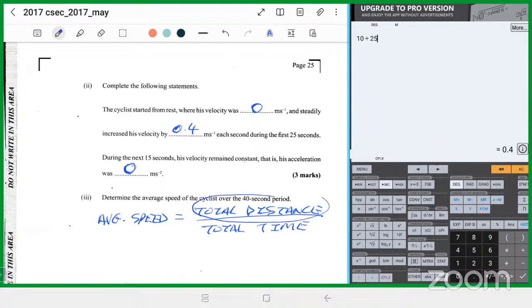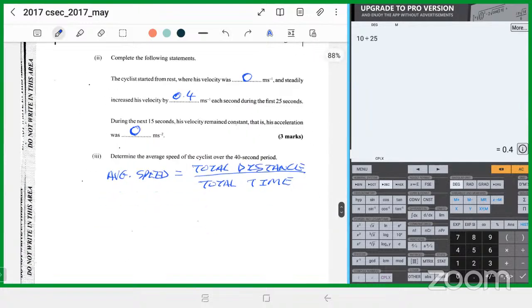But this total distance on a velocity time graph becomes the area under the graph, the area under the velocity time graph, still over the total time.